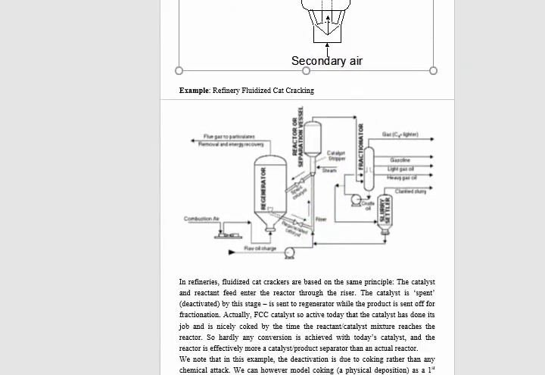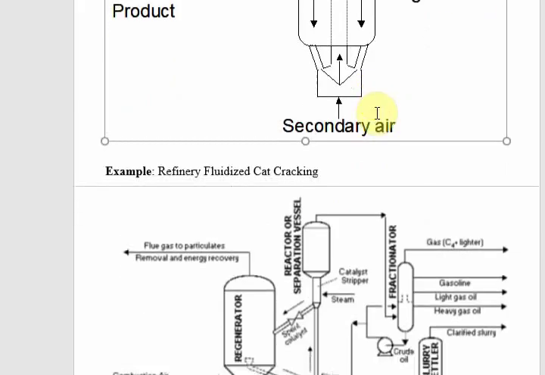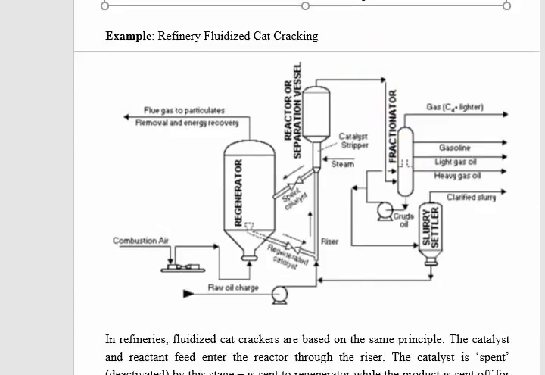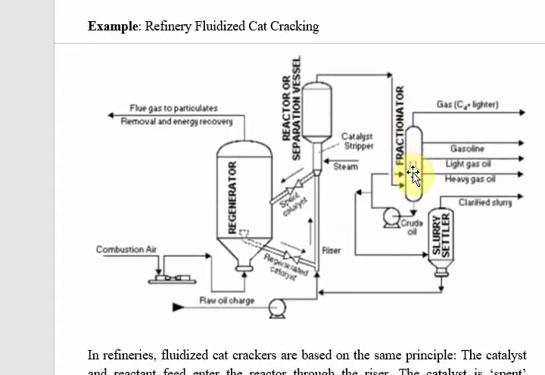You would also tend to find this solution in the older refineries. So you'll find it in these fluidized cat cracking reactors, right? In these reactors, you often had this problem of spent catalyst. Here's where we are actually feeding the reactant in with the catalyst.